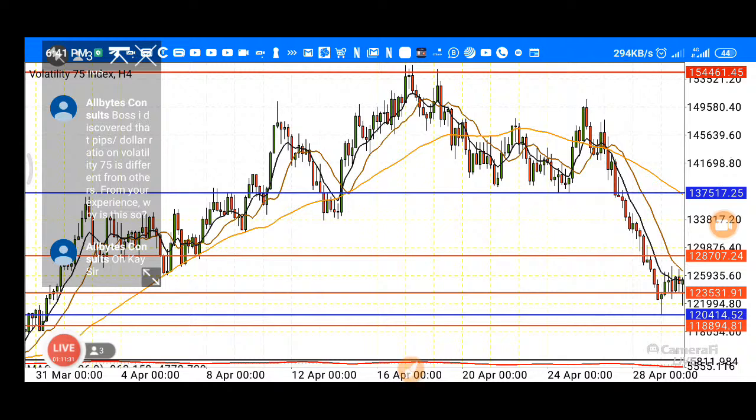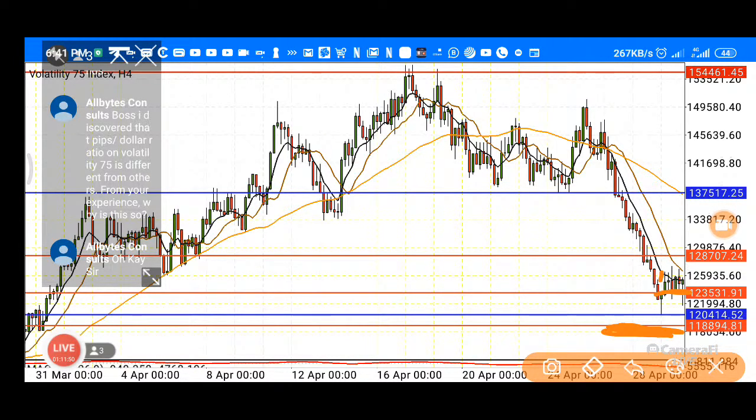For example, see we entered the trade here on this price and immediately it went up. So immediately just shift your stop loss. This is our stop loss, right? Our stop loss was at 1188.94.